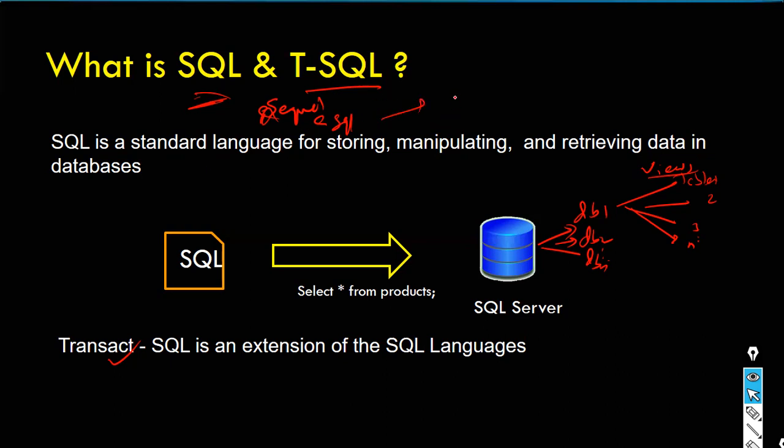It's kind of a batch. For example, you want to select the data from table 1, selecting column 2 and column 8, and then insert the data into some other table. INSERT INTO table, and again you use another SELECT statement from another table. All these statements should get executed at once, like a batch.